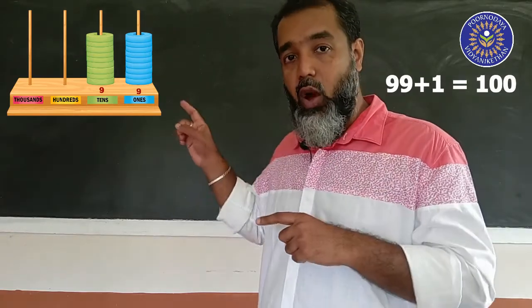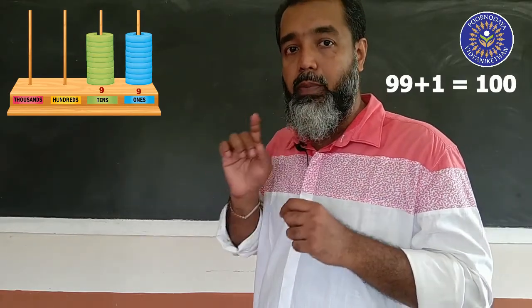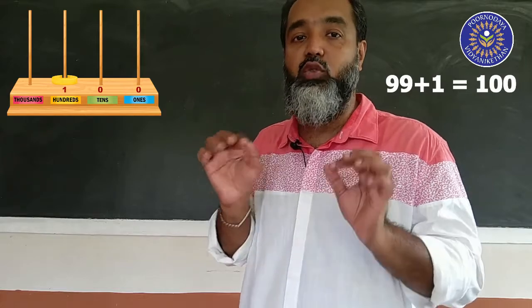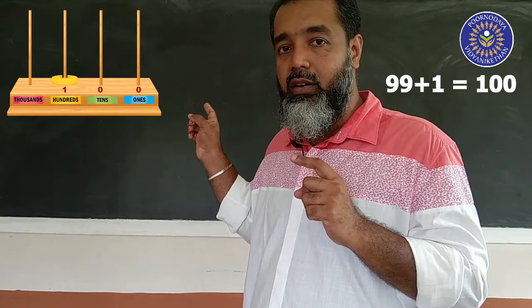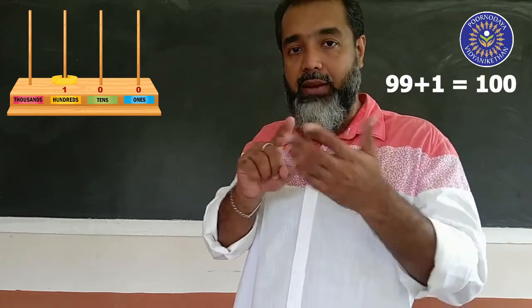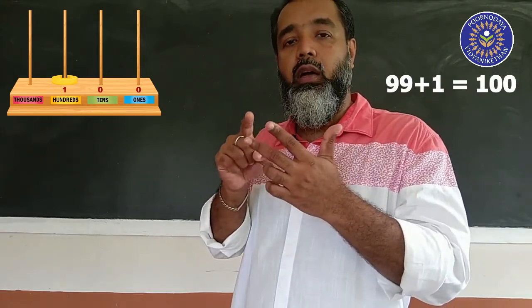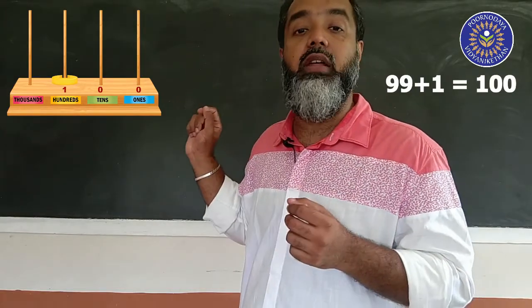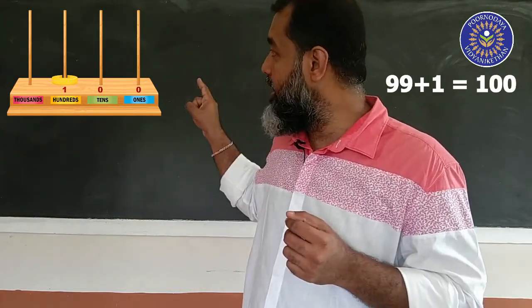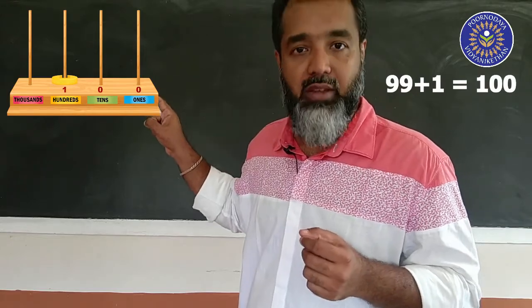Similarly, now when we are adding 99 plus 1, you get 100, and that 1 will move to the hundreds place. So ones, tens, hundreds.